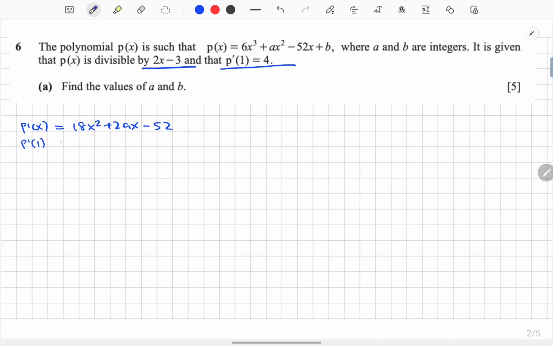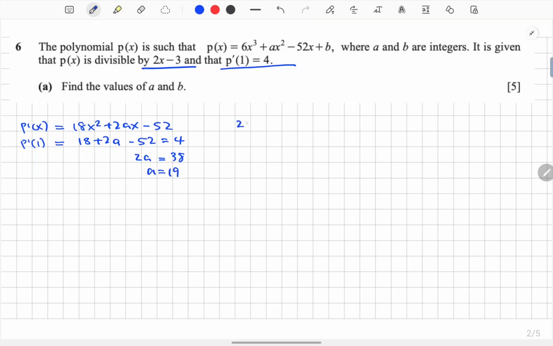I'll plug 1 into the derivative. And by solving this equation, we'll get that a is 19.